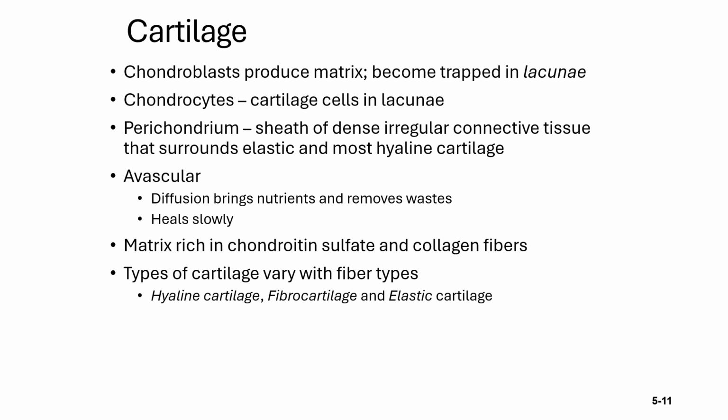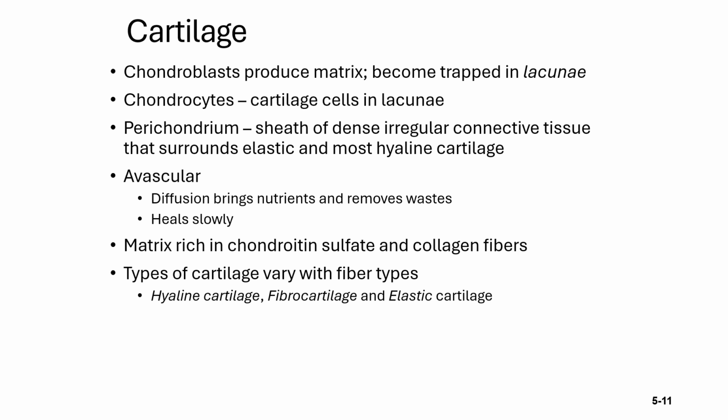Cartilage is produced by cells called chondroblasts. The chondroblast secretes matrix, and once it secretes matrix, it becomes entrapped in little cavities called lacunae. Once it is enclosed in a lacuna, it is called a chondrocyte.